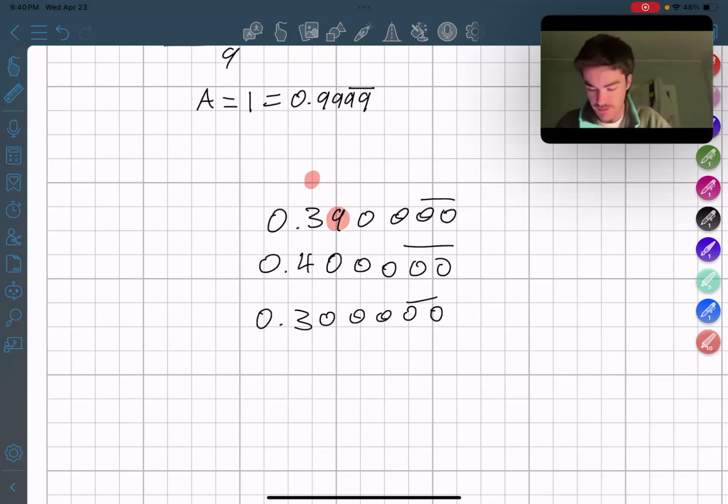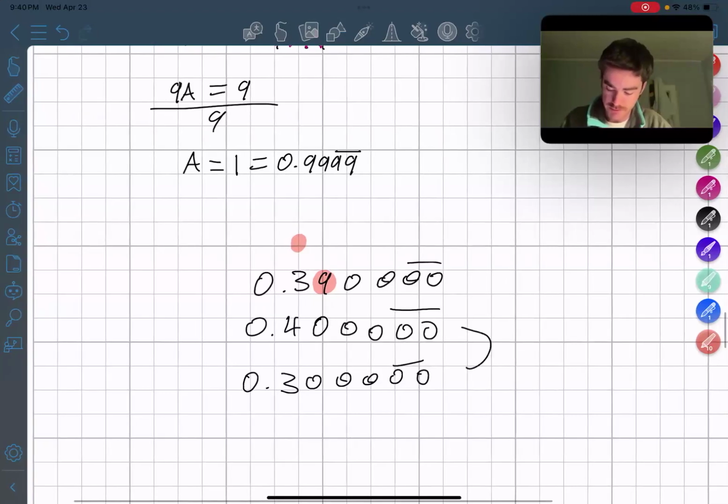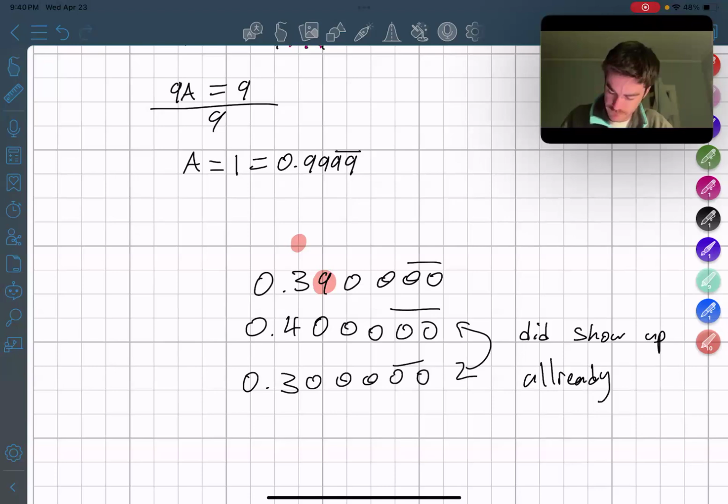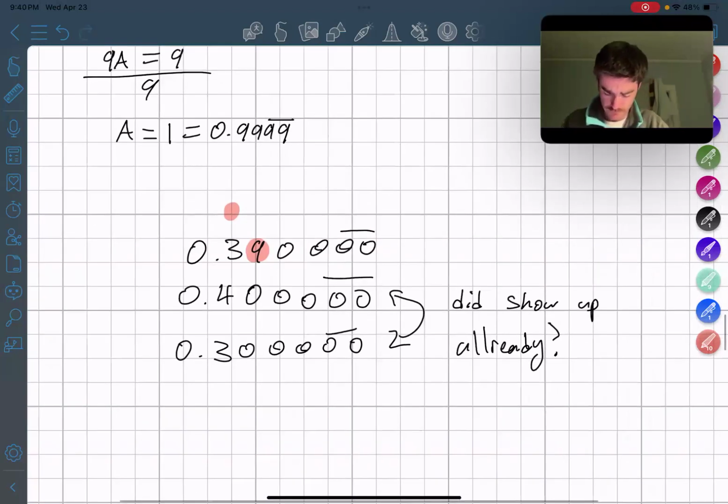Why does it cause a problem? Well, for the same reason above, these two numbers, I don't know if they showed up. Right? These are definitely numbers that I could have written before.